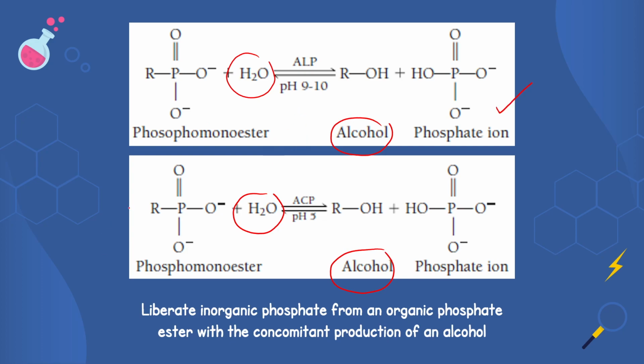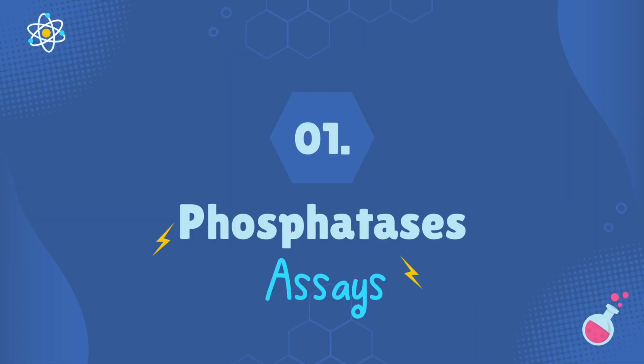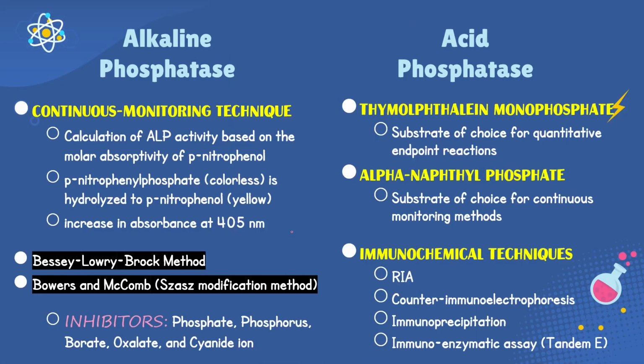What your phosphatases do is liberate inorganic phosphate from an organic phosphate ester with the concomitant production of alcohols. So how about the assays for your phosphatases?